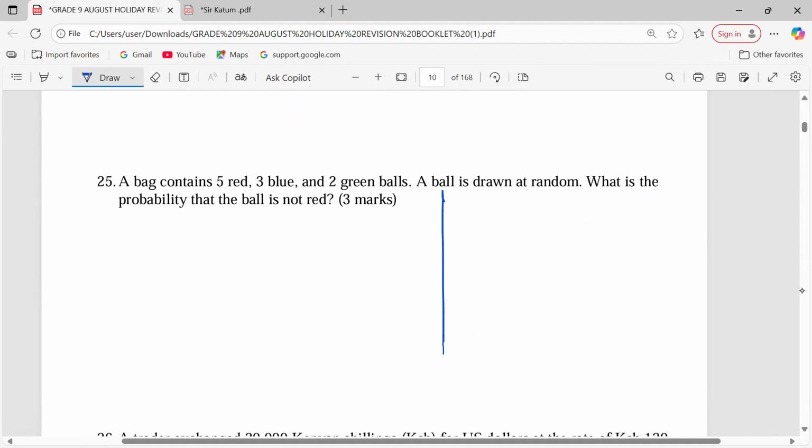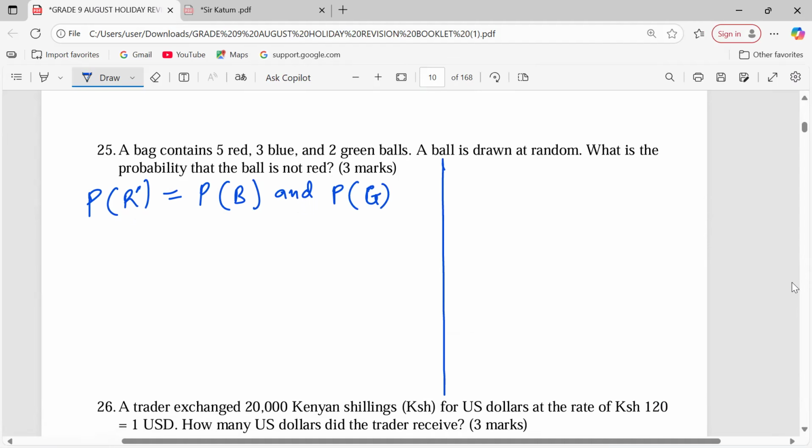One, we can say that probability not red means probability blue and probability green. When we talk about probability not red, then it means the other probabilities.